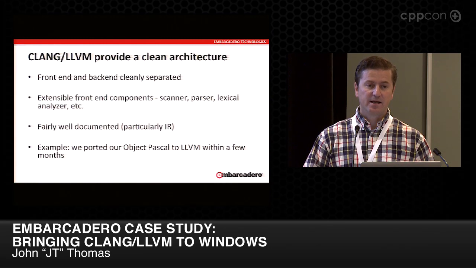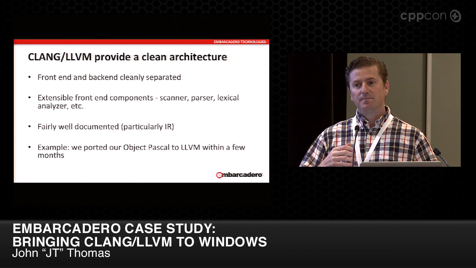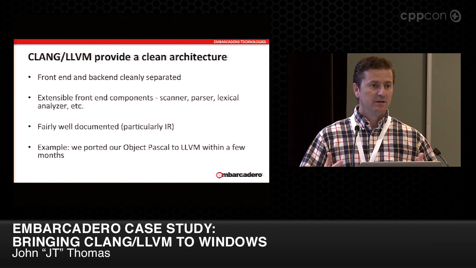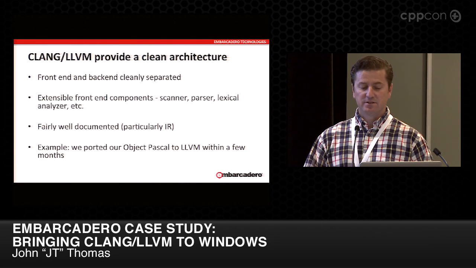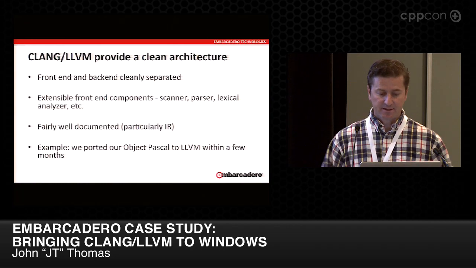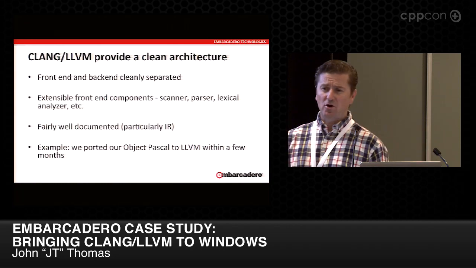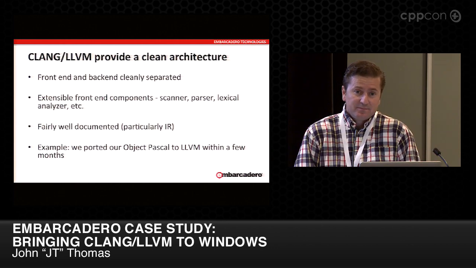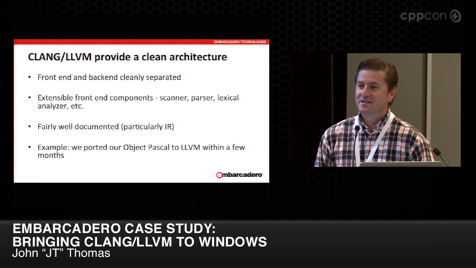Really extensible front end. All the component parts of a front end were well documented and well architected. It was easy for us to add keywords, for example, to the scanner and that kind of thing, and to extend the parser with our semantic information. It was well documented. Fairly well documented is how the team put it.